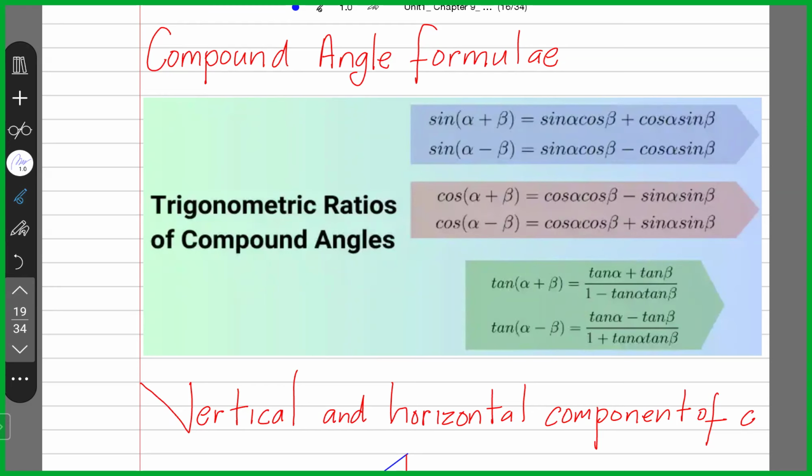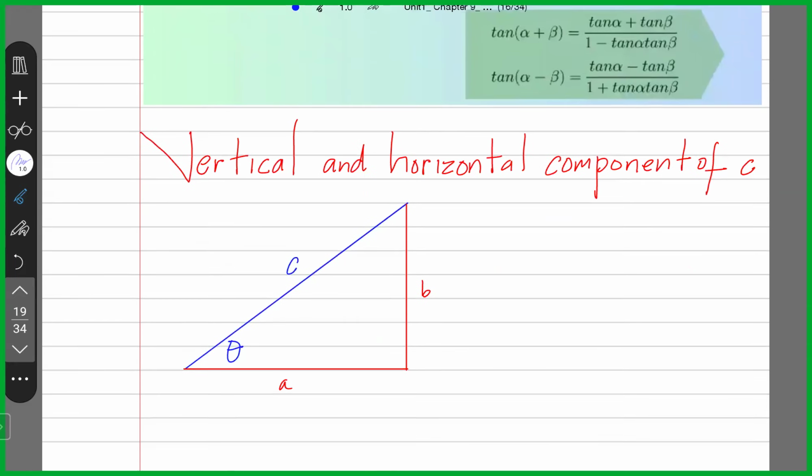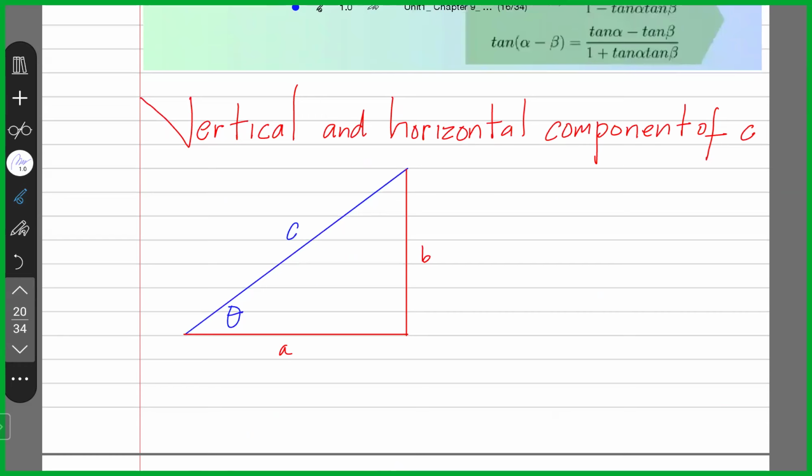Now it is a part of your syllabus to know how to derive your compound angle formulae. But before we get into deriving it, let's have a look at this. Here I'm talking about the vertical and horizontal component of C. So C could, for example, be a vector, or it could just be some line.